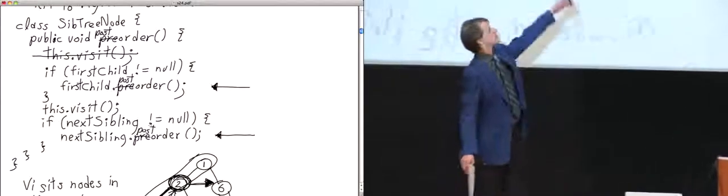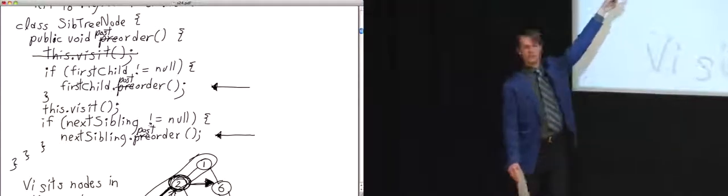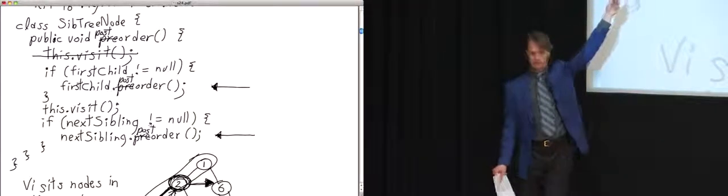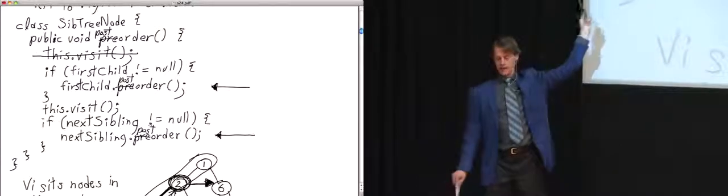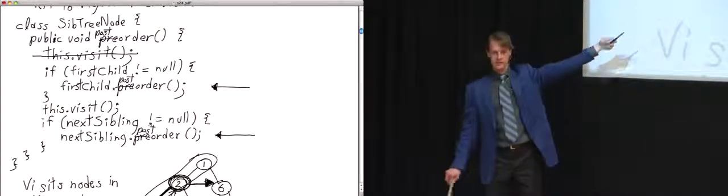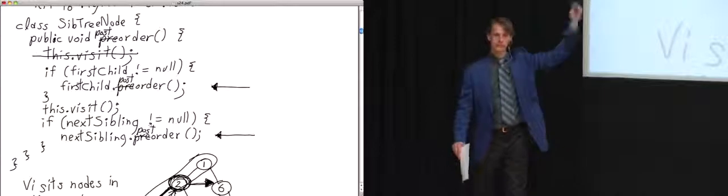But the functional change is just that one line. This dot visit moves down so that you visit your first child, and that will visit all the other descendants before you visit yourself.